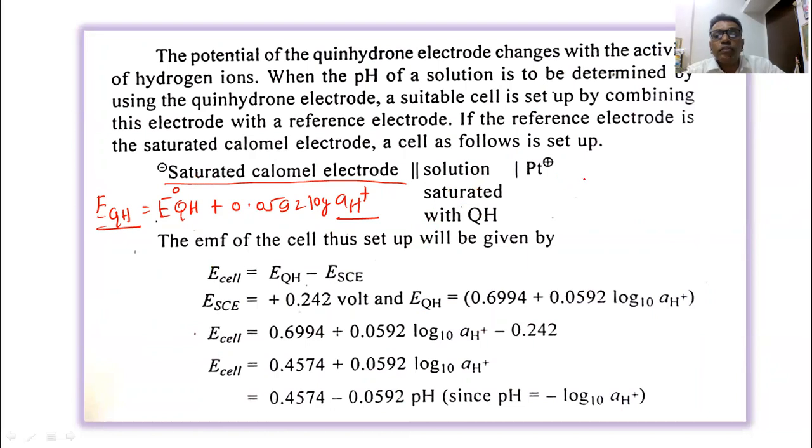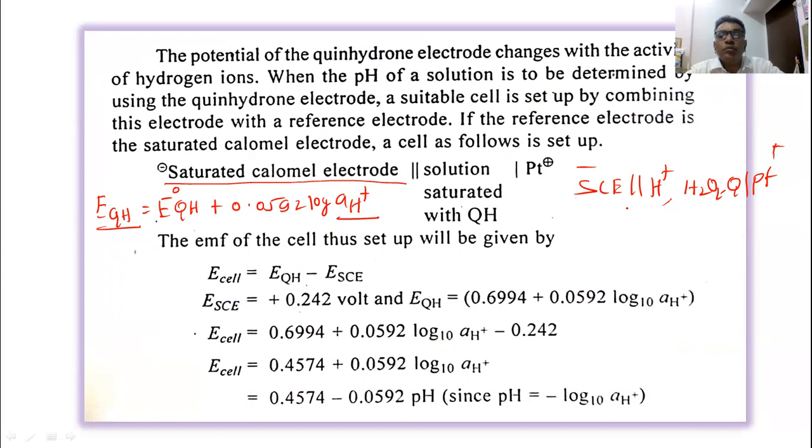Or this cell can also be represented in this way: saturated calomel electrode, salt bridge, hydrogen ion solution, then hydroquinone, quinone, and platinum, having positive polarity, having negative polarity. So in this way also we can construct a cell.